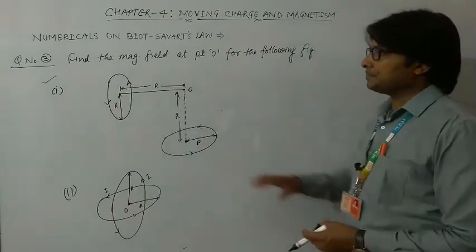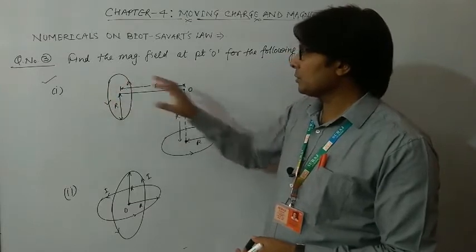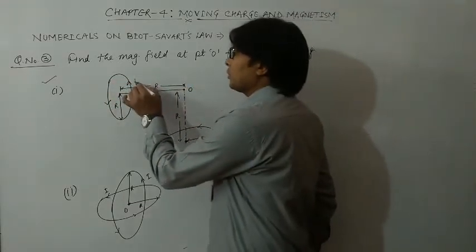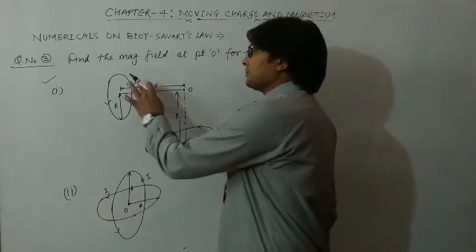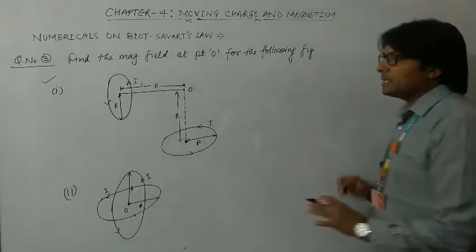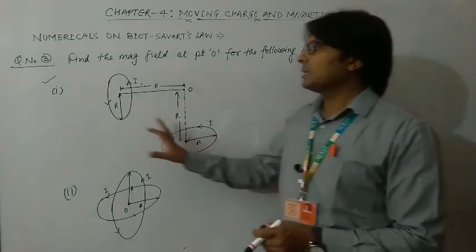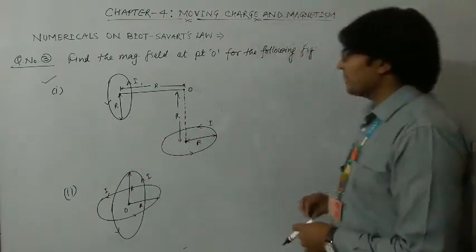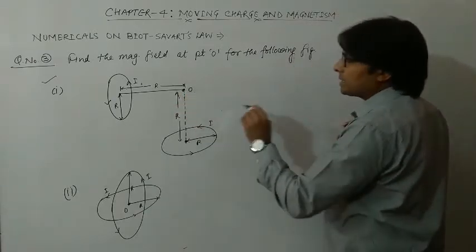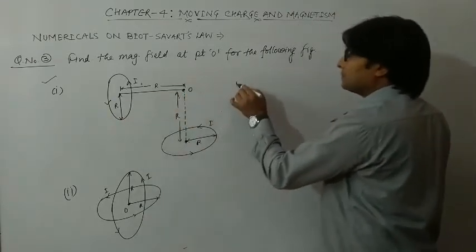First let us find the magnetic field due to this loop, in which the current flowing is I, and in this loop the current is also I, same current, same radius, identical loops. So suppose at point O the magnetic field due to this loop is B1.